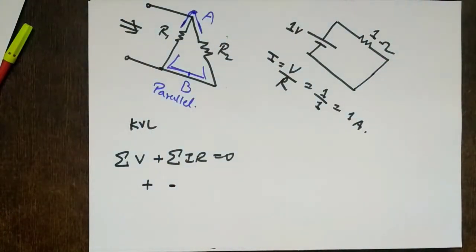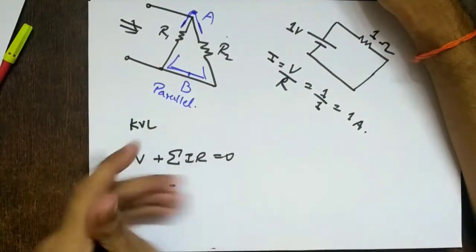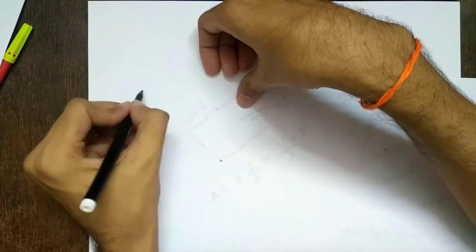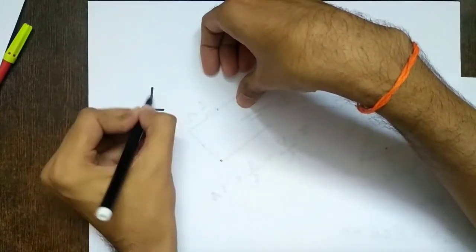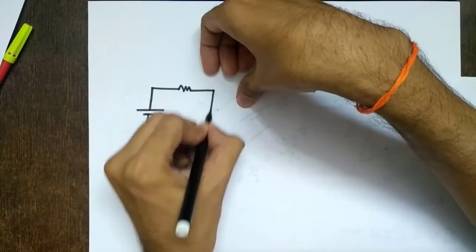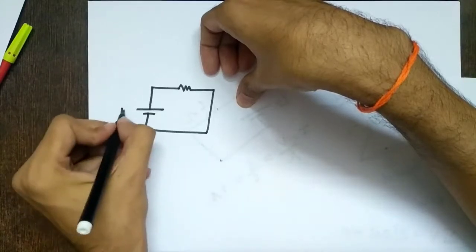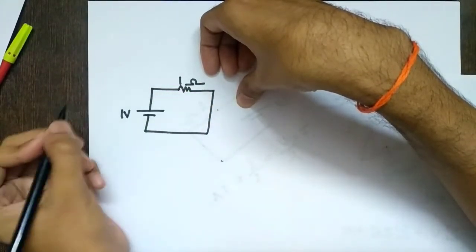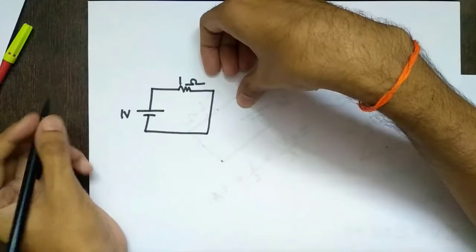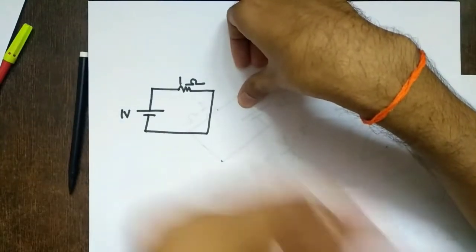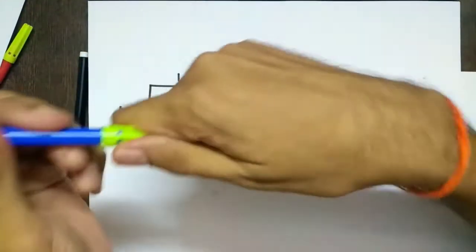But I want to solve using Kirchhoff's voltage law. So what can I do? Again I will draw it here. This was 1 volt, this is 1 ohm. I want to solve using KVL. So what do we do? Mesh analysis.